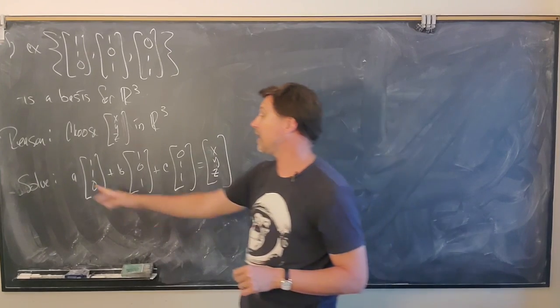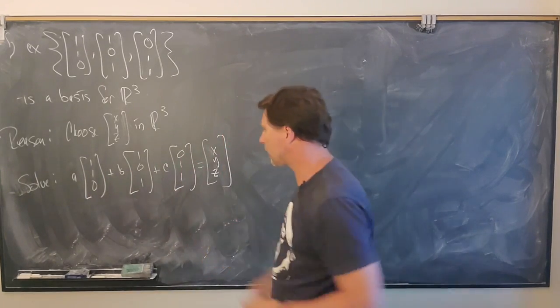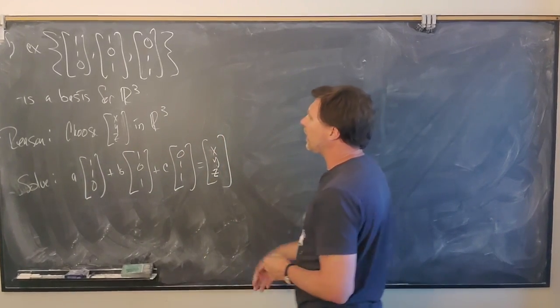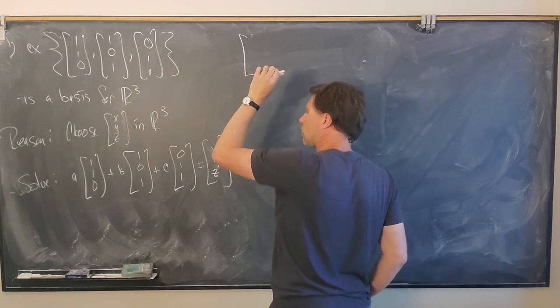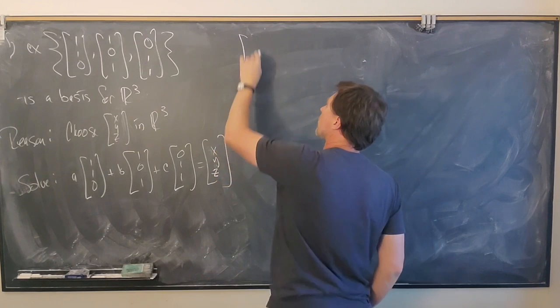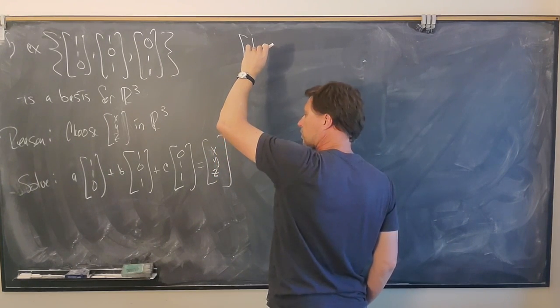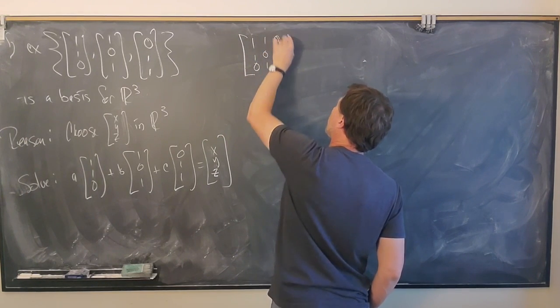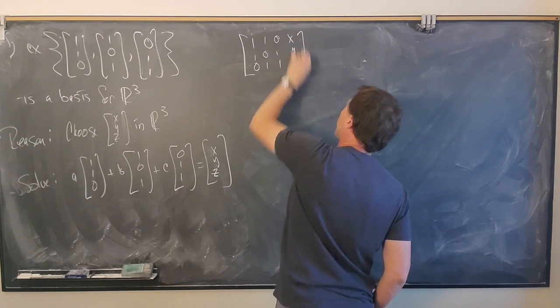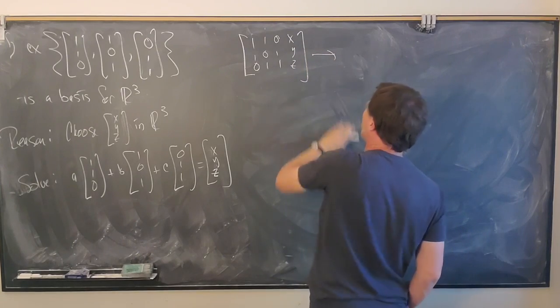So if I can find an a, b, and c that solve this, then we get it. Now, this system corresponds to an augmented matrix, 1, 1, 0, 1, 0, 1, 0, 1, 1, x, y, z. And you go through the row operations.